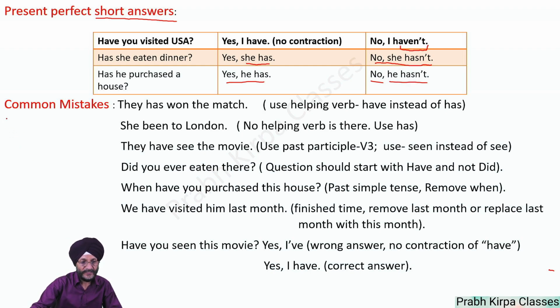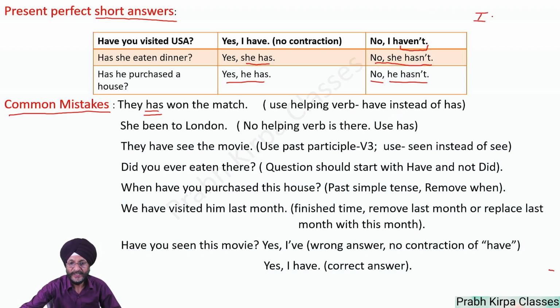Now, we will discuss some common mistakes which are there in the present perfect tense. They has won the match. You will see the word has, helping verb has, has been used.